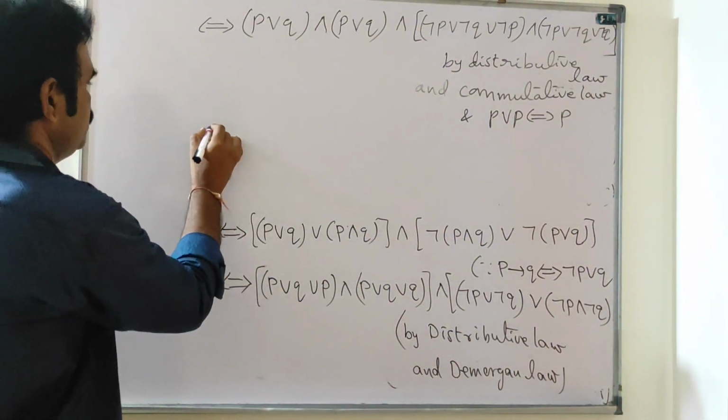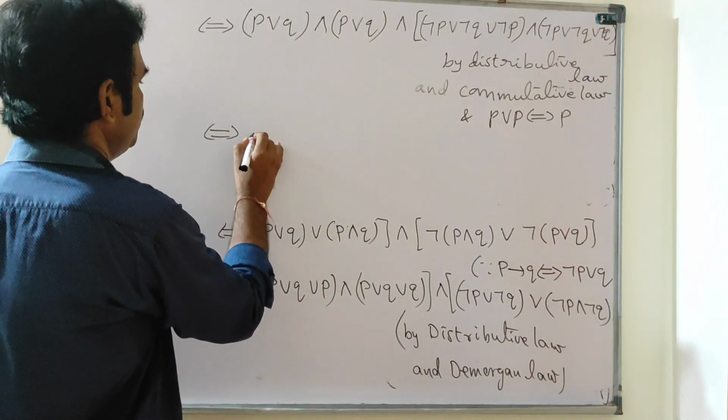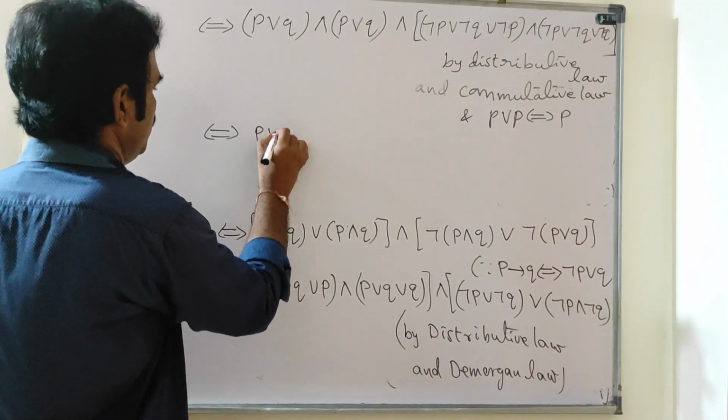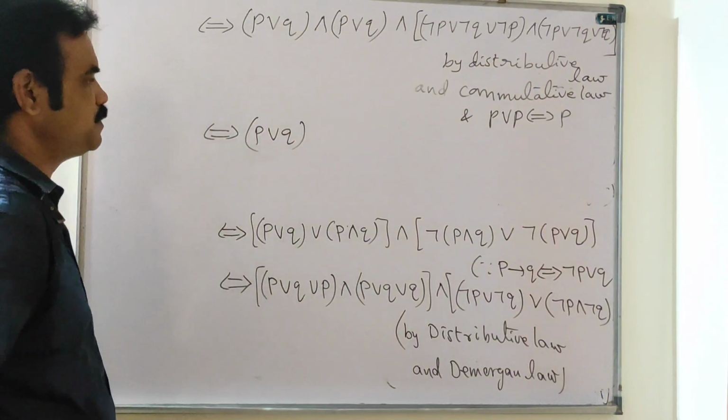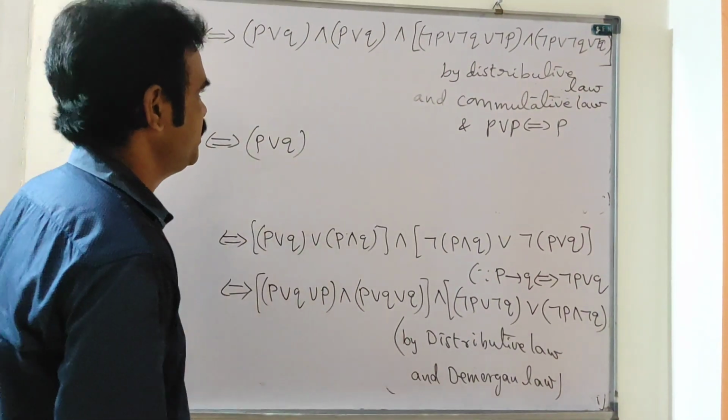Okay. Now this is equivalent to, you can write P or Q and P or Q as P or Q, since P and P is equivalent to P. Okay.